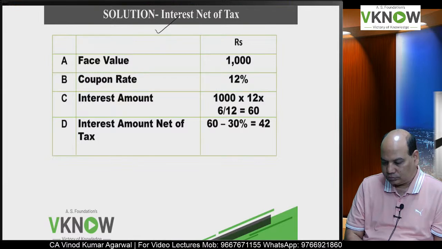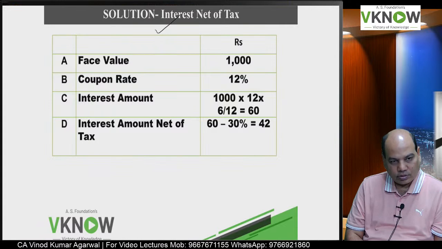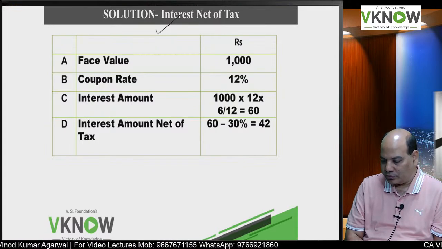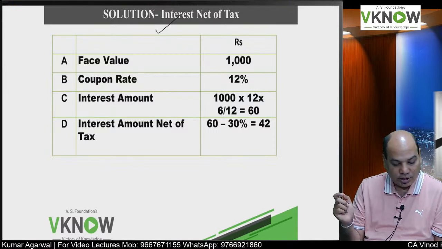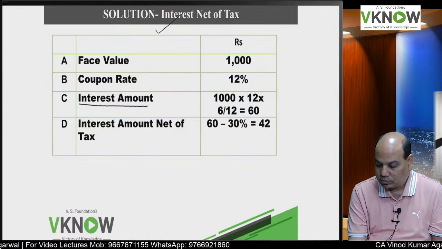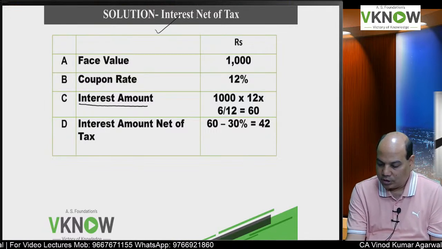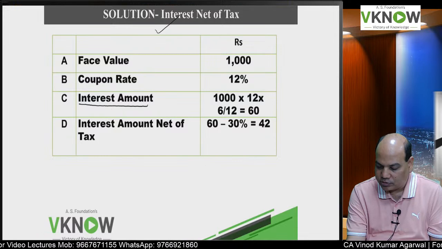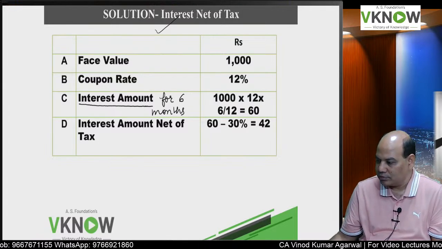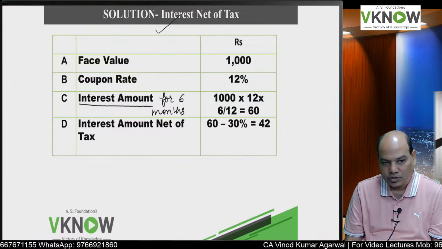Face value is 1000 rupees. Coupon rate is 12%, but this is a semi-annual bond. So interest amount for 6 months will be, because it's a semi-annual bond, I made you write that, it will be 60 rupees.